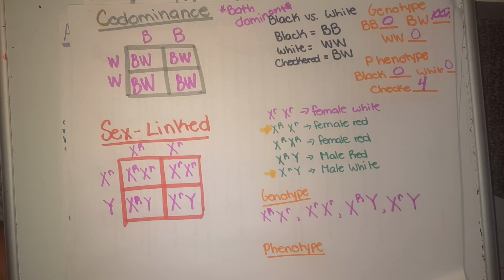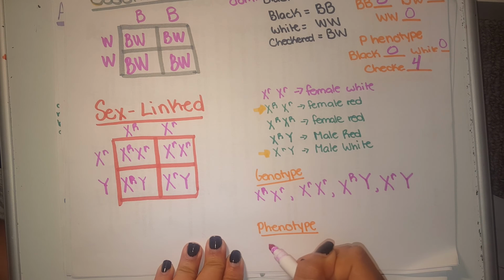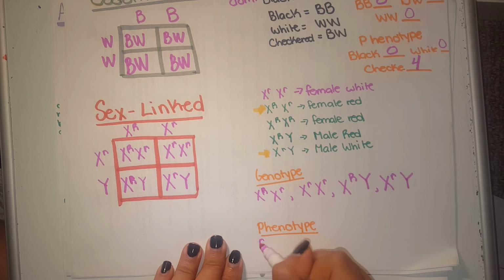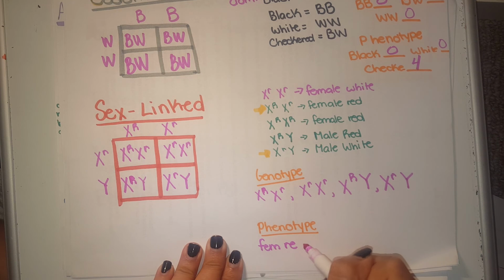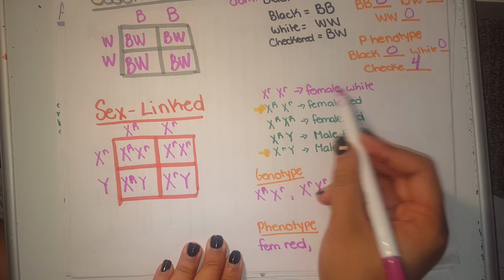And for the phenotype, we're going to ask what we have, and I'm going to abbreviate for this. For phenotype, we have one big R and one little r, which means we have a female red. Next, we have two little r's, which we can see here is a female white.